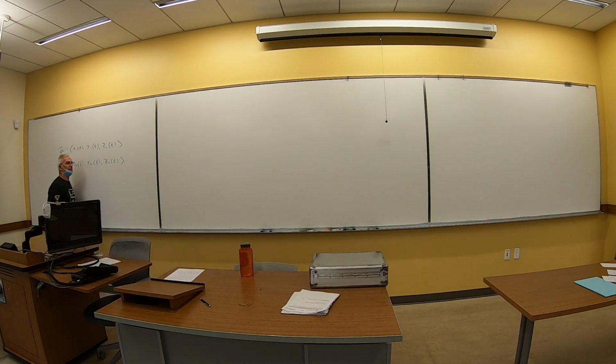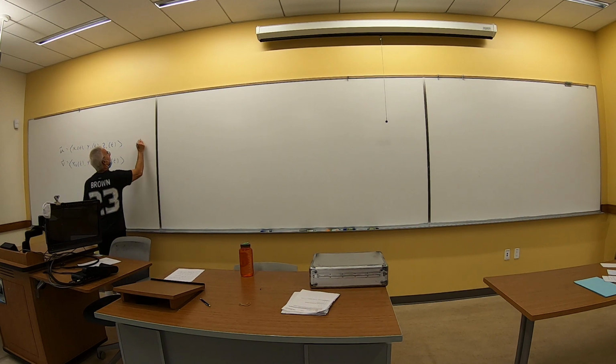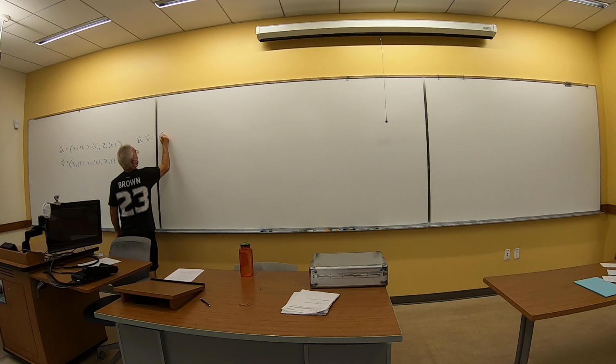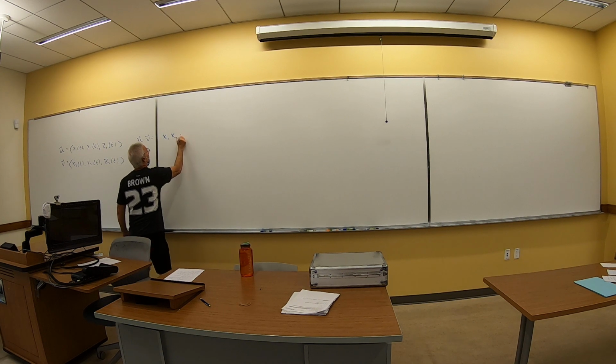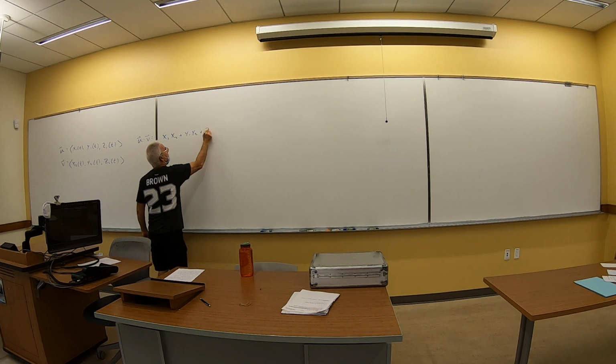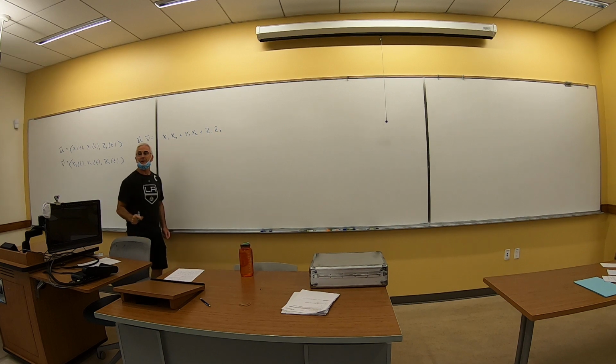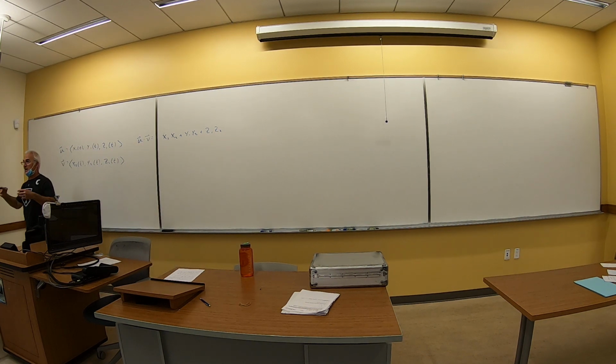I just have two random vectors, and what I want to do is do the dot product and talk about the derivative of the dot product. So the first thing we're going to do is u dot v, which of course would simply be x1 x2 plus y1 y2 plus z1 z2. Understanding these are all functions, so this answer is a function of t.